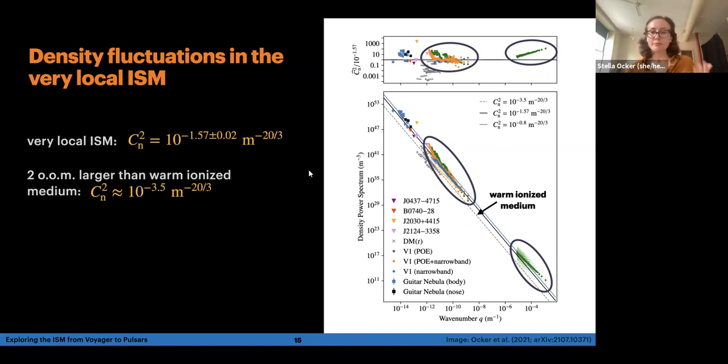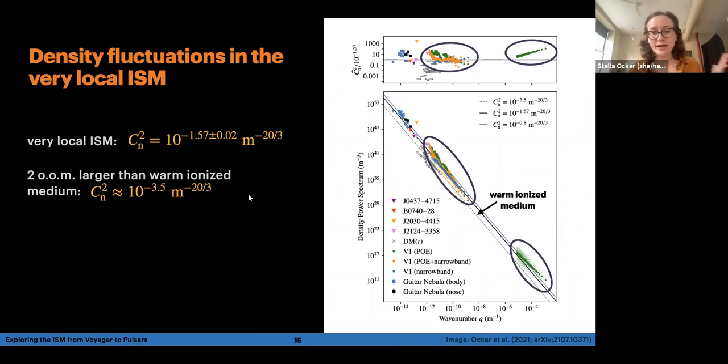And so one of the main results that we find is that the amplitude of this turbulence wave number spectrum detected by Voyager is about 2 orders of magnitude larger than values of Cn squared, the spectral amplitude, in the diffuse warm ionized medium. So previous studies of turbulence in the ISM have generally shown that the amplitude of turbulence in the warm ionized medium is around 10 to the minus 3.5.